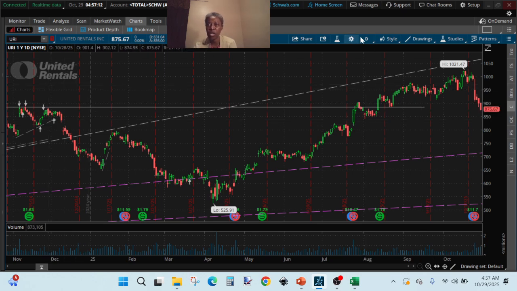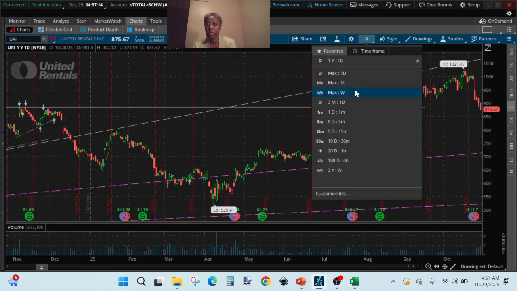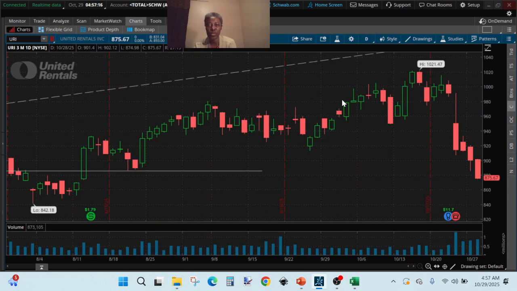And from here I use the 3 month daily chart as well. When I'm starting to purchase a stock, I will start with the maximum daily chart to do the analysis, and the 1 year daily chart. And once I have purchased and sold that stock, to purchase it again, I can just use the 1 year daily chart or 3 month daily chart.